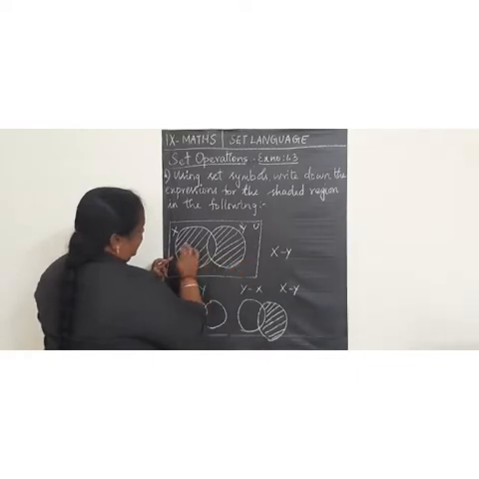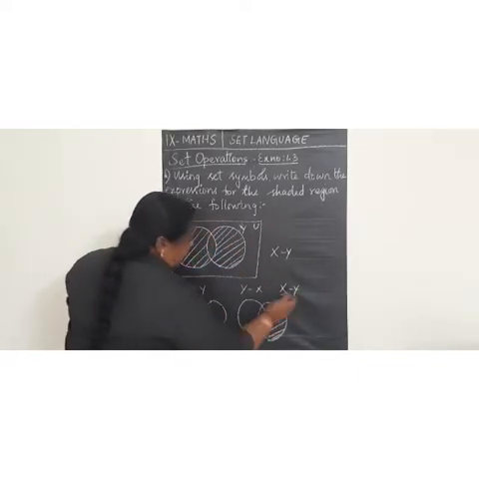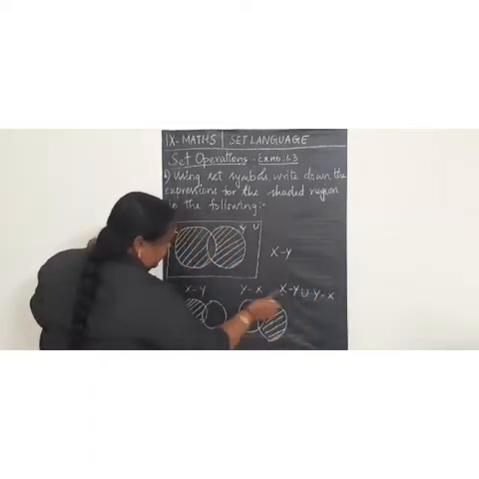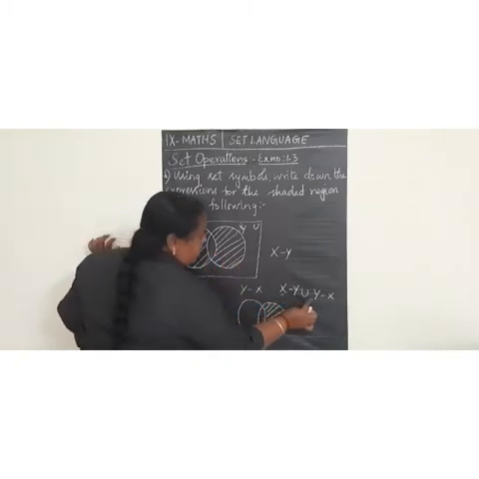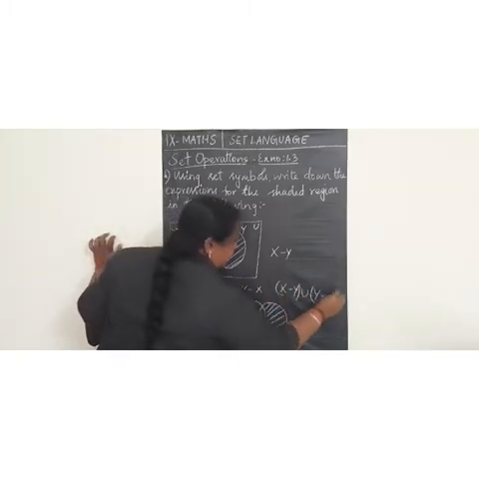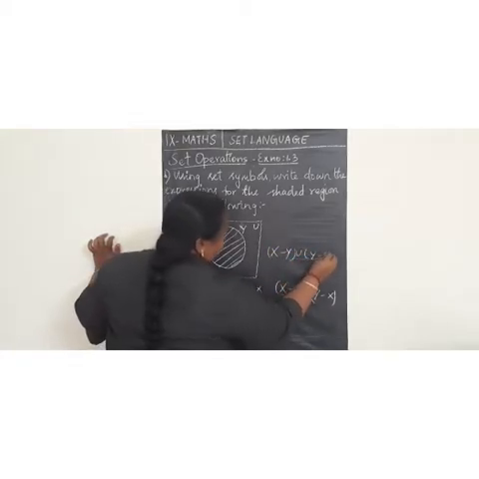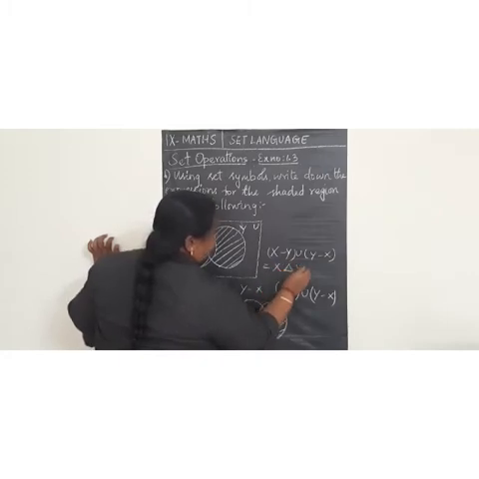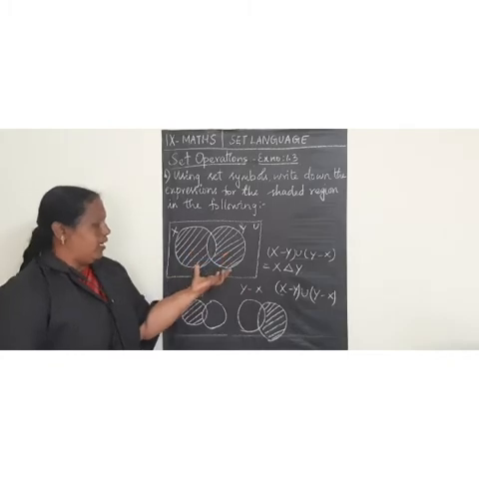So X minus Y union Y minus X gives a diagram like this. X minus Y union Y minus X is equal to X symmetric difference Y, and we get a Venn diagram like this.